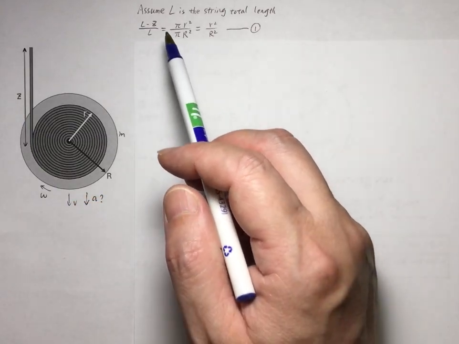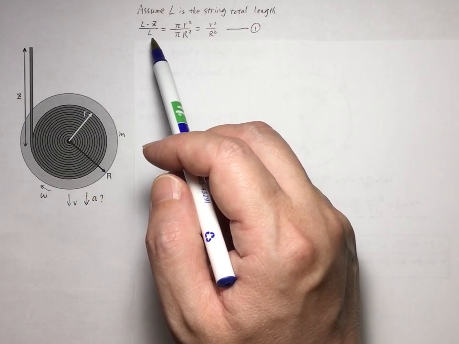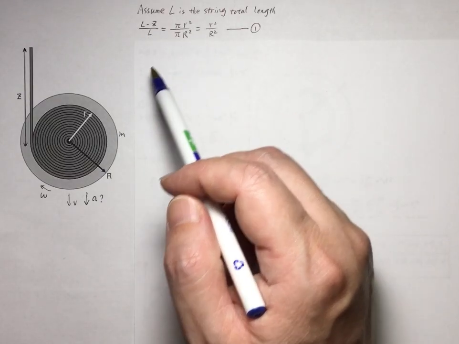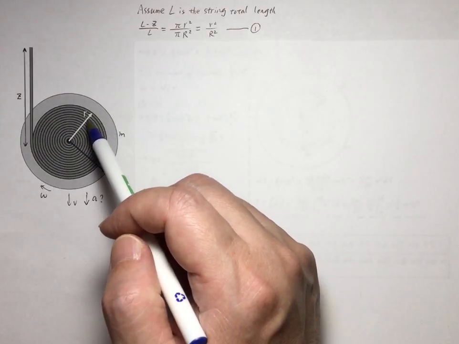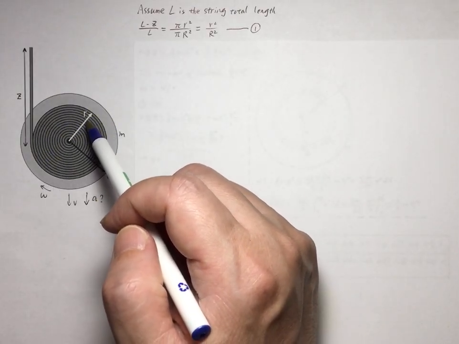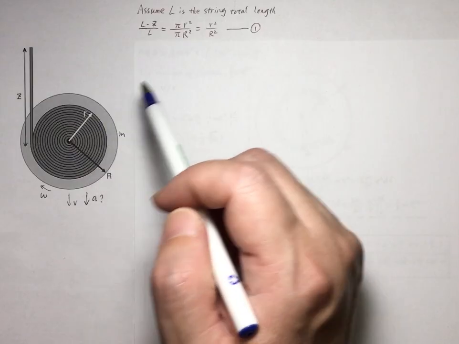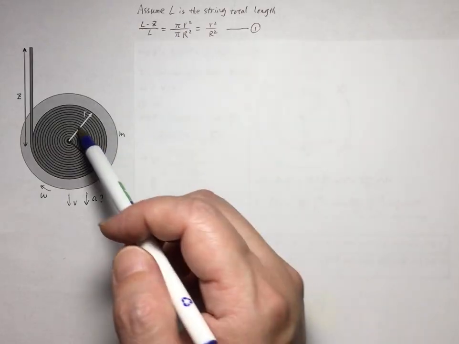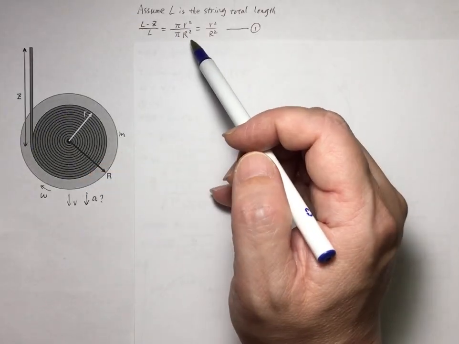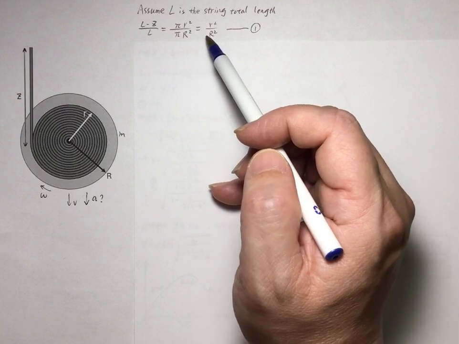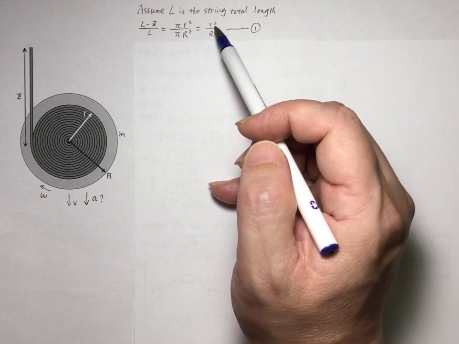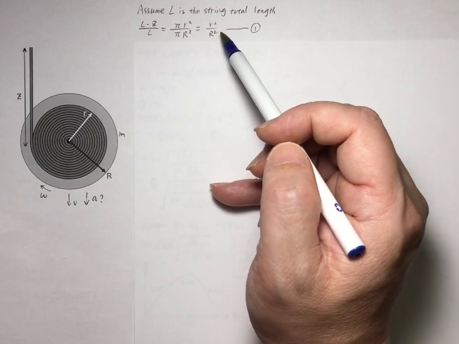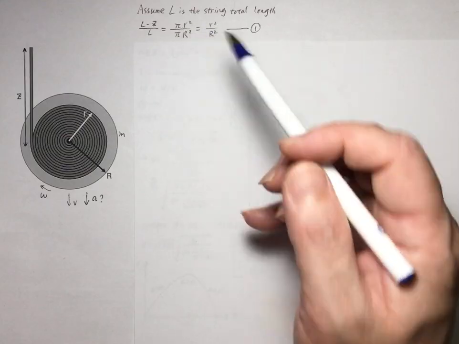So the ratio between L minus z and L is the ratio of the circle with radius lowercase r, whose area is pi r squared, to the area of the yo-yo, pi capital R squared. That is equal to lowercase r squared over capital R squared. We define this as equation 1.